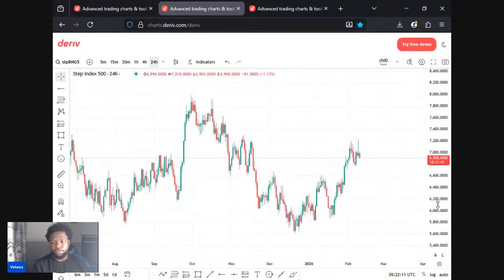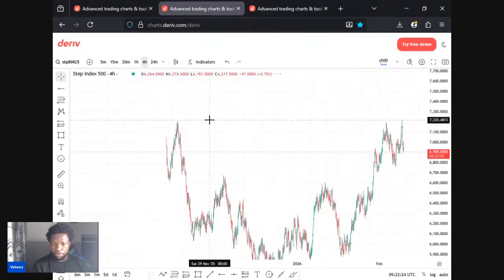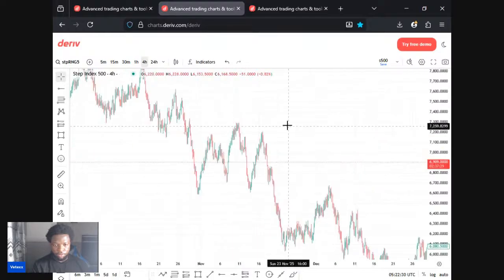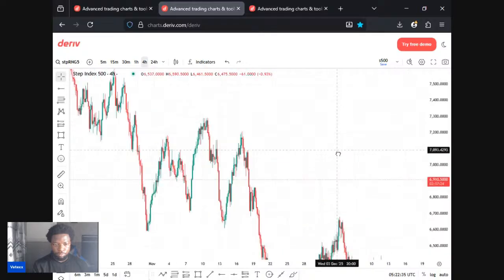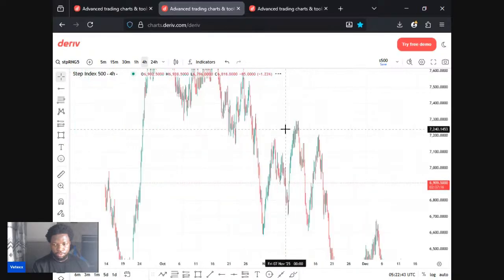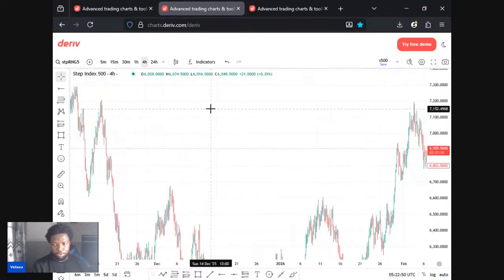Where's the price trying to sell from? So first of all, price didn't take the structural liquidity out. So let's check the 4-hour time frame. On the 4-hour time frame, where is price trying to sell from? Okay, we have this. Not really. Okay, we have this.